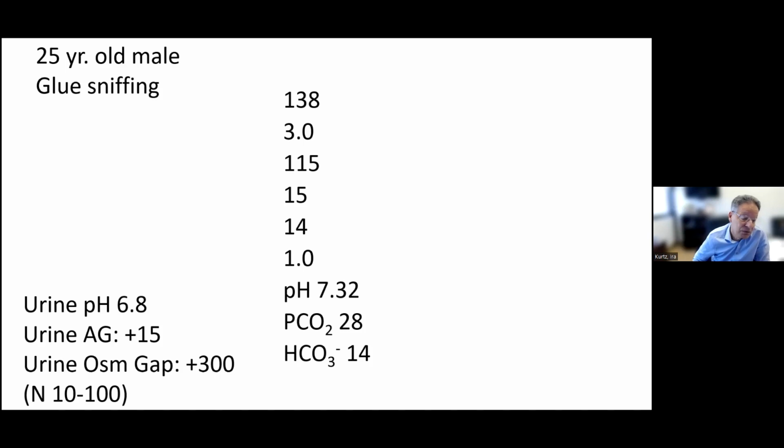Okay, so we know that there must have been new bicarbonate generation because the ammonia is high in the urine, and yet the anion gap's positive. We should be seeing a very negative urine anion gap, right? Normally we get a positive anion gap when there's little ammonia in the urine. Remember, the anion gap in the urine is the unmeasured anions minus the unmeasured cations.